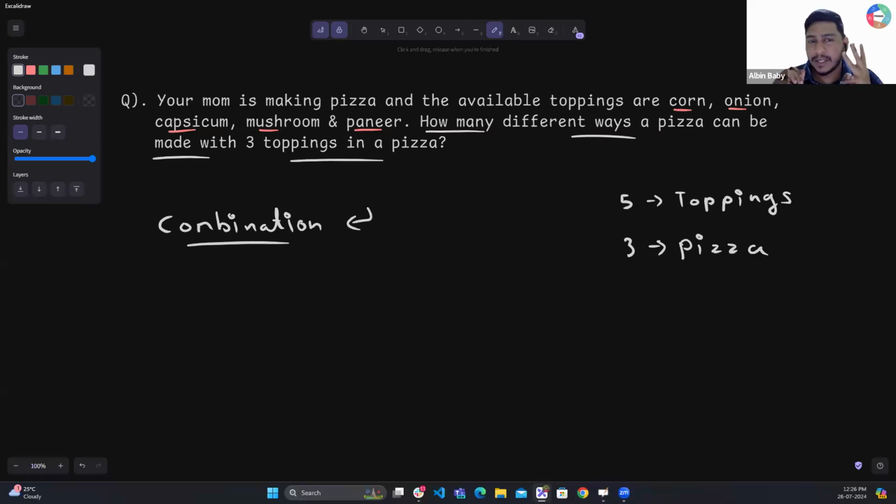But you have given the limitation to your mom: in a pizza, at maximum, how many toppings can she put? That is three, right? Understood this? Don't try to figure out the solution, just wait. I'm asking you questions, right? Any doubts, anyone of you? Cool.